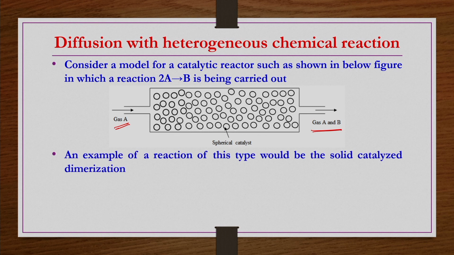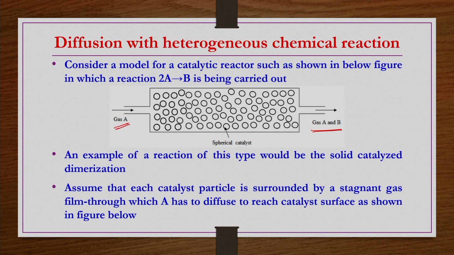An example of a reaction of this type would be the solid catalyzed dimerization reactions, which are very common in the polymer industries in general. Assume that each catalyst particle is surrounded by a stagnant gas film through which A has to diffuse to reach the catalyst surface, as shown in the figure in the next slide.